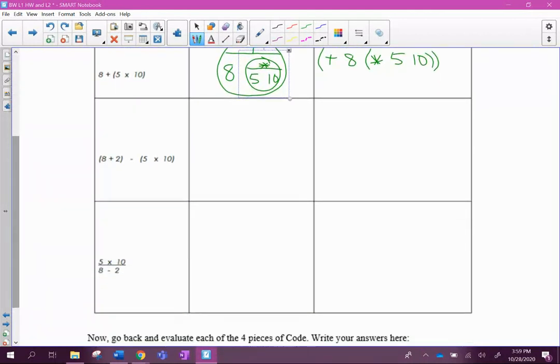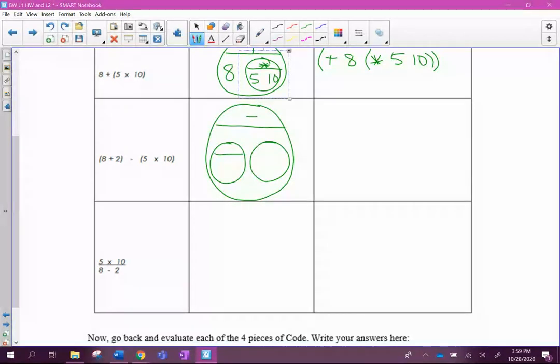The third one, circle of evaluation. My overall operation is subtraction. Then I have two sets of parentheses, so I'm going to have two circles inside the circle. The first set is addition, so I have a plus. We have 8 and 2. My second set of parentheses is multiplication, and we're multiplying 5 and 10.